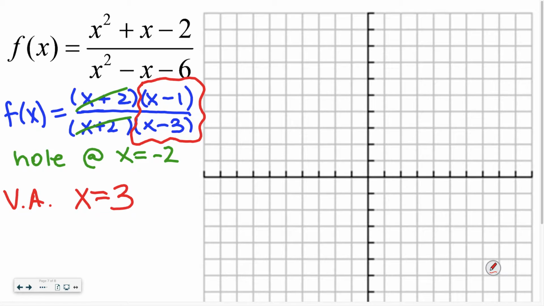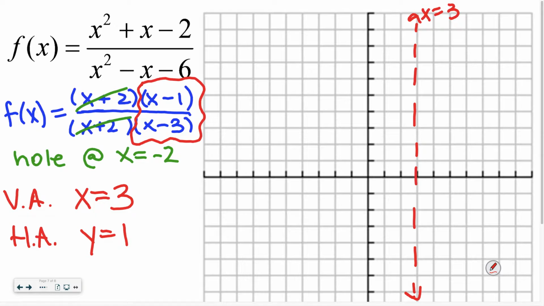Where our denominator is 0, x equals 3. And we'll graph it. Okay. The degrees. Same or different? Same. And since they're the same, we look at the leading coefficient. Our horizontal asymptote occurs at 1 over 1.